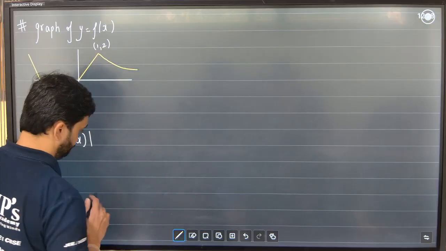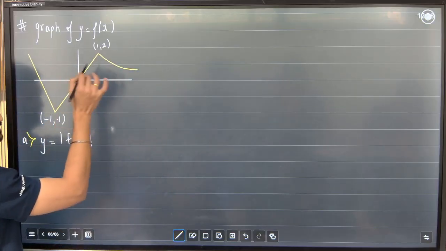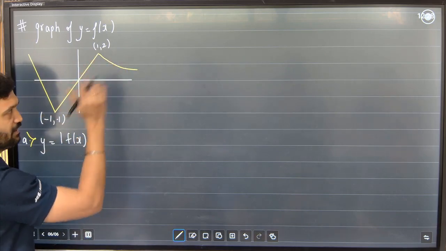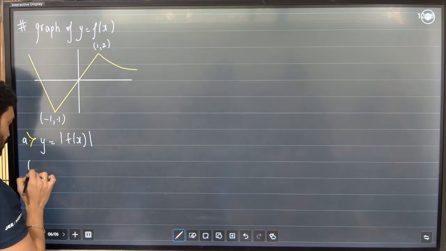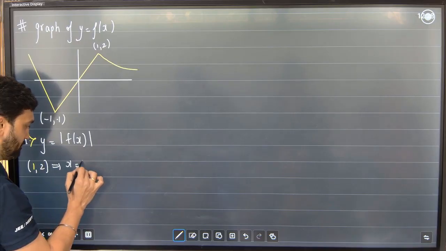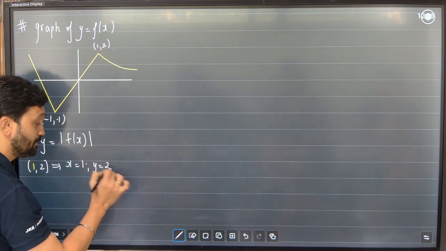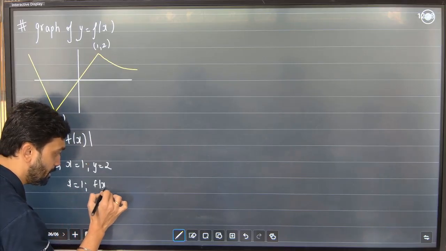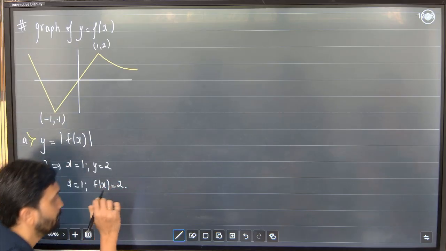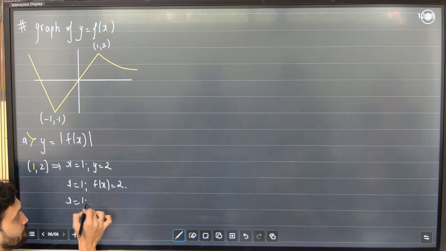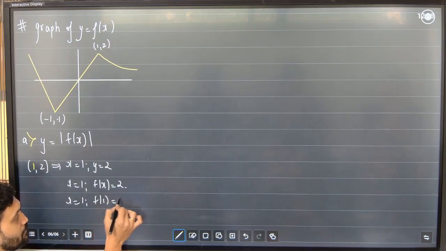Let's try to understand. Let's take all the points. Okay, first point. We'll start with understanding the points. The point is (1, 2). Look at what this means. If x is 1, y is 2. In other words, if x is 1, f of x is 2. That means f of 1 is 2.